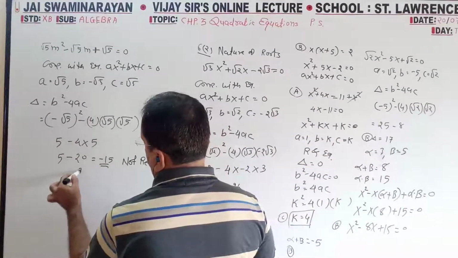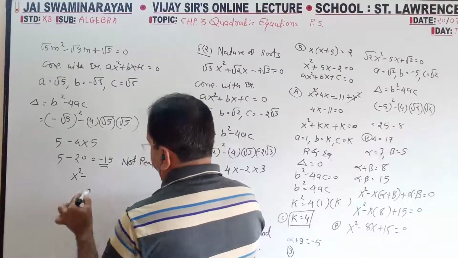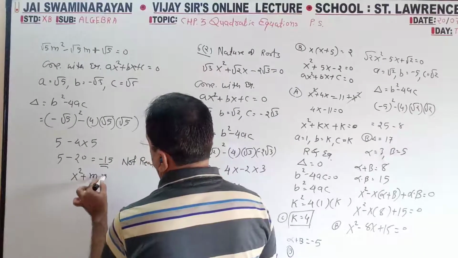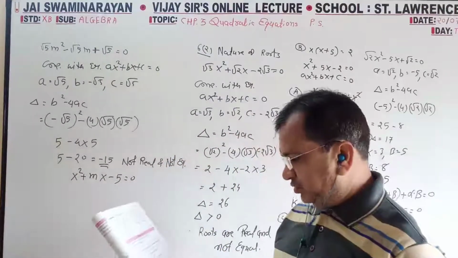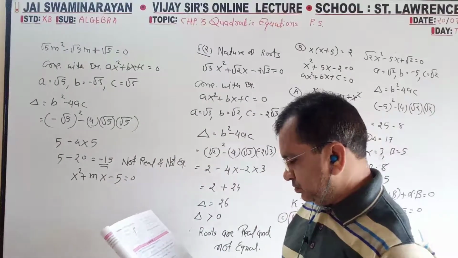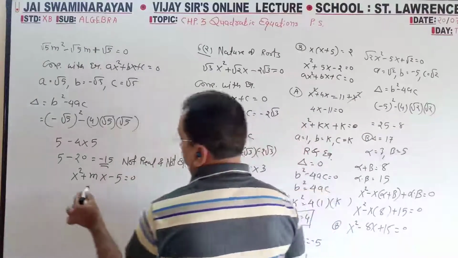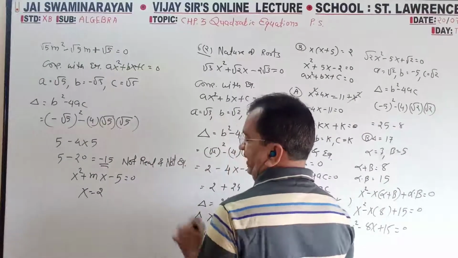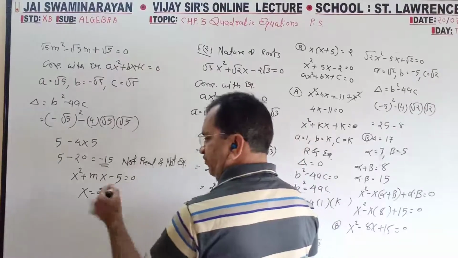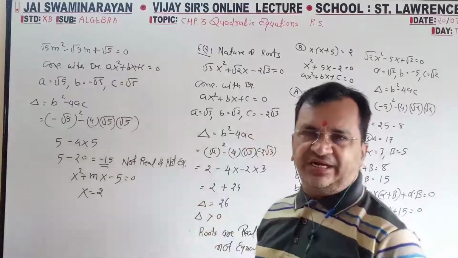Now x square plus mx minus 5 is equal to 0. One root is 2, so x is equal to 2. So to find m, when the root is given, you can substitute it on the left side and right side.